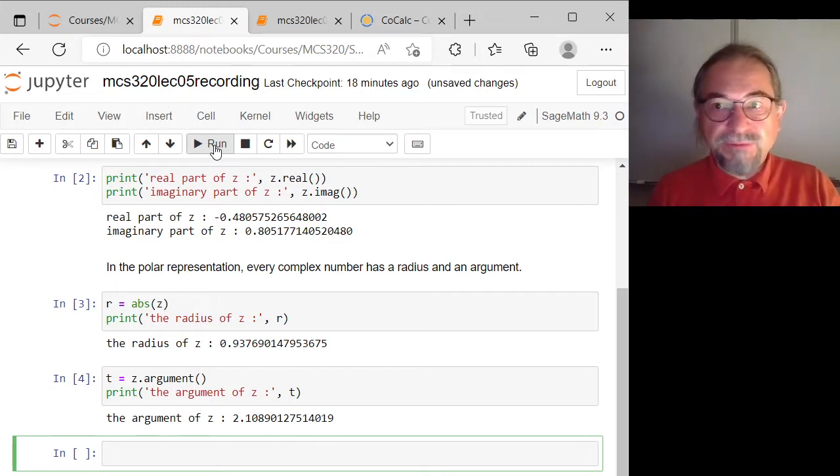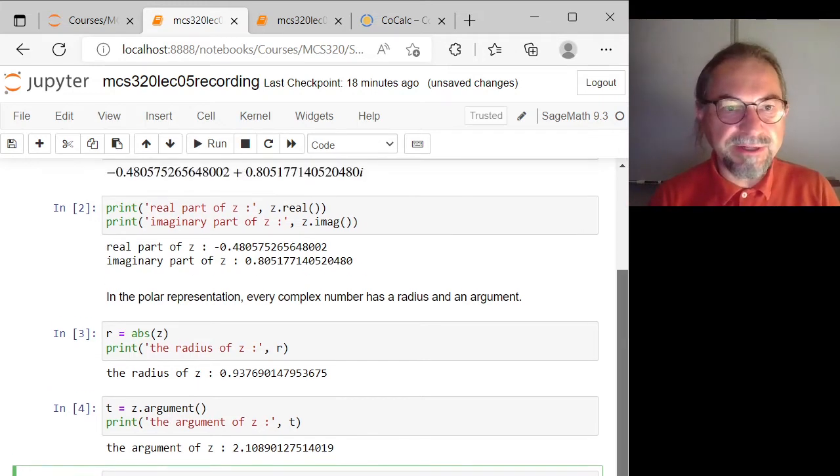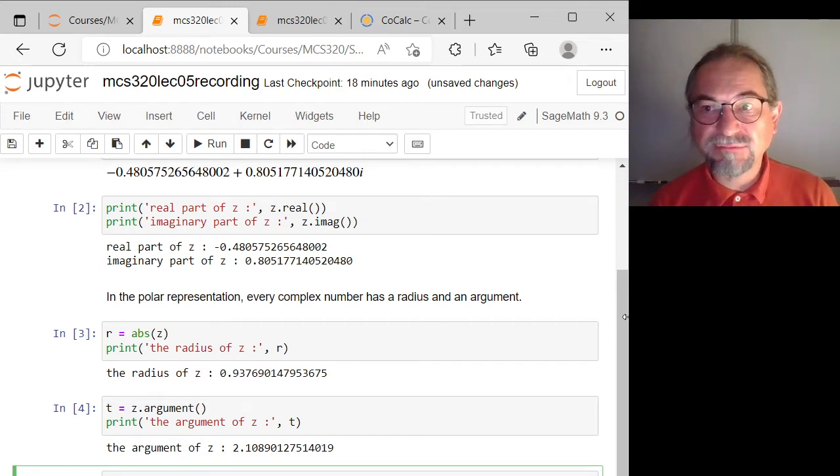You could verify the real and imaginary parts on any random number. Here you see the random number. But looking at the radius and the angle, you just have to believe SageMath.